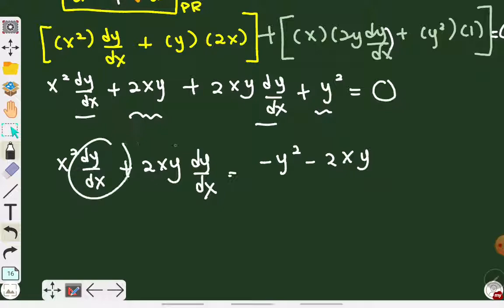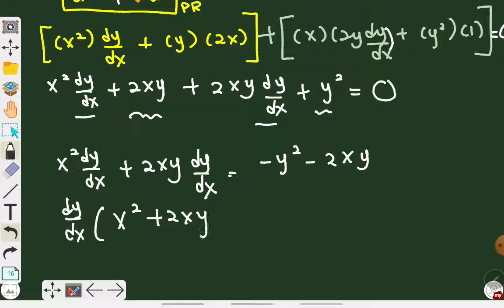And this also has dy/dx, we can factorize this. Okay, let's factorize this. So we have dy/dx times (x squared plus 2xy) equals, I think the negative also can be factorized, or you can state it as negative y squared minus 2xy.